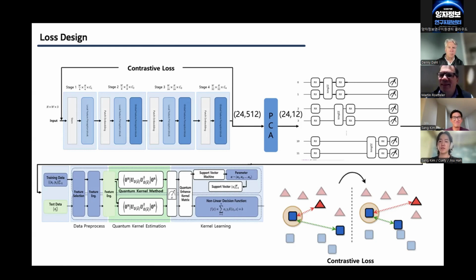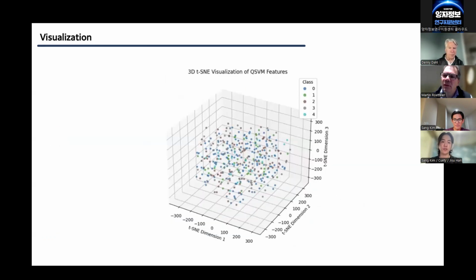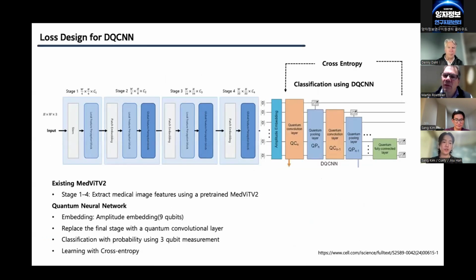Great. That was my next question, how you encode. So you use basically 9 qubits to represent the image from 512? Nine qubits. Maybe you did this one.